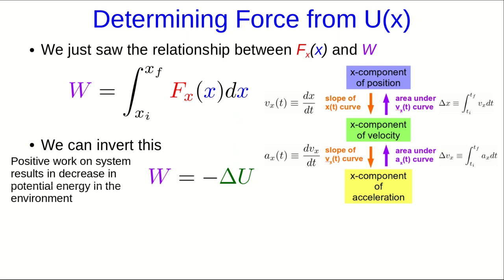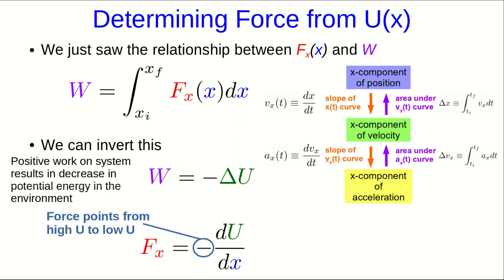And when we do that, and then use this inversion of integrals turning into derivatives, we find that the x component of the force is the negative x derivative of the potential energy. We've actually seen a piece of this before. That negative sign there is telling us that the force must point from high potential to low potential, and we saw in an earlier unit that things tend to accelerate from high potential energy to low potential energy.